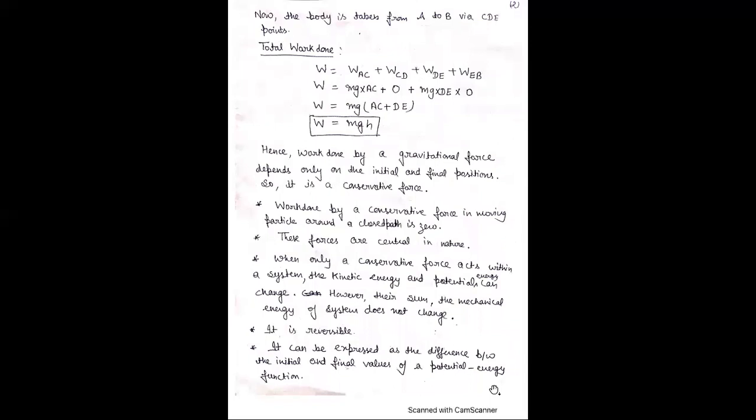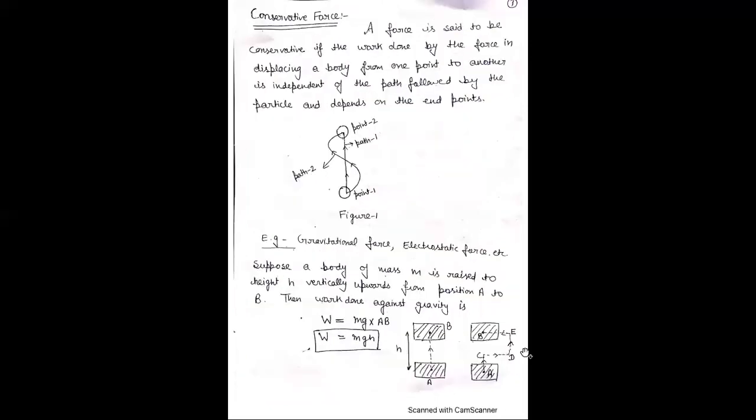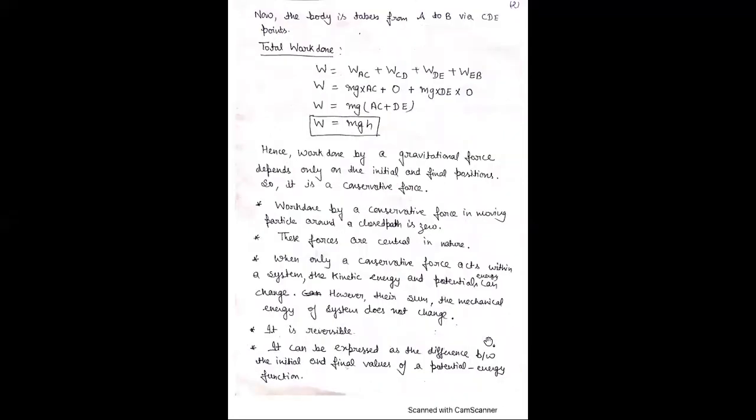Therefore, the work done by a gravitational force depends only on the initial position and the final position. It does not depend on the path followed. So gravitational force is a conservative force.